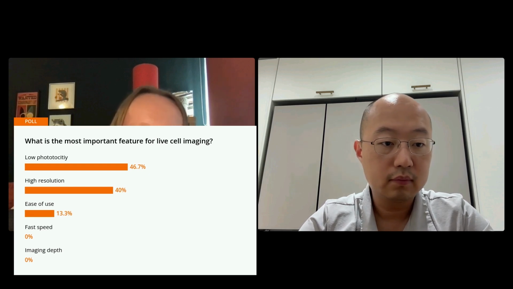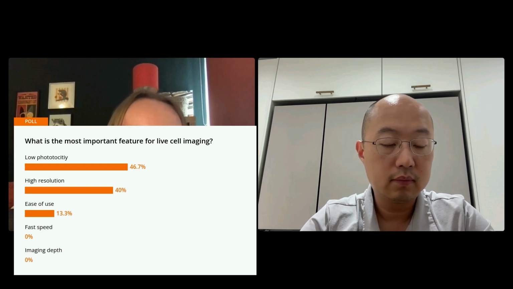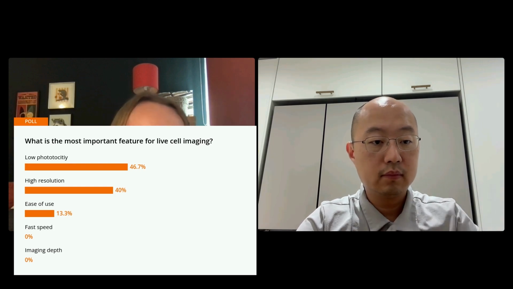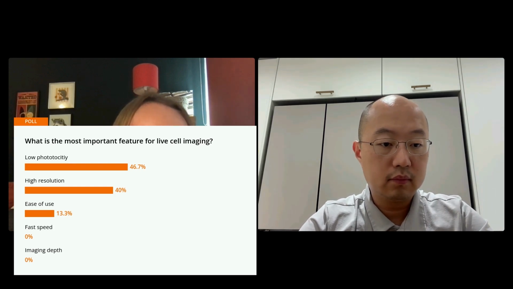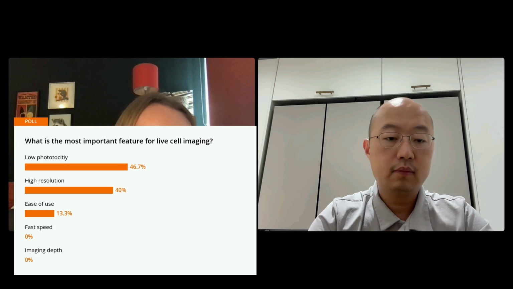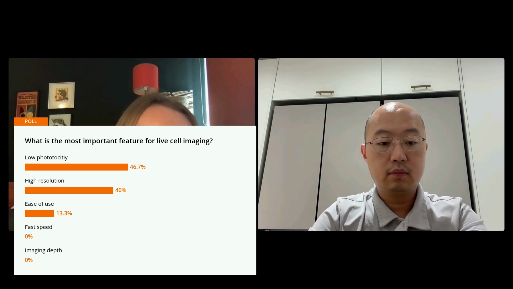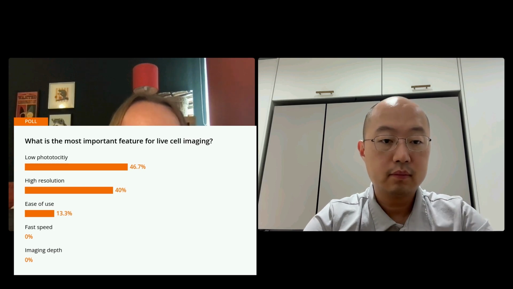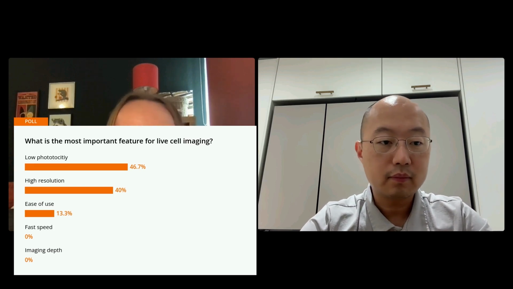So the first poll was, what is the most important feature for live cell imaging? As you can see, more than half answered low phototoxicity, and 40% said high resolution. And then the other, ease of use, had a few answers. So what do you think of this, Paul? Is that what you expected to see?